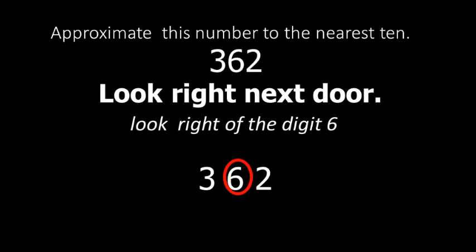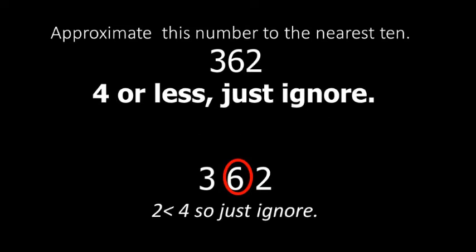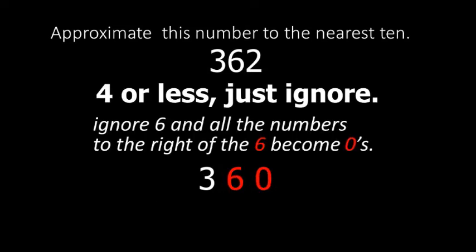Yes, 2 is less than 4, so it's 4 or less. So we will just ignore. So 6 will be as it is. 6 هتفضل زي ما هي. Ignore 6 and all the numbers to the right of the 6 become zeros. So it will be 360. So the answer is 362 to the nearest 10 will be 360.